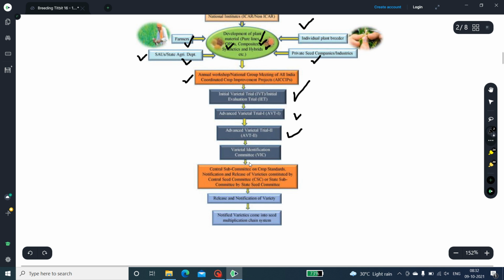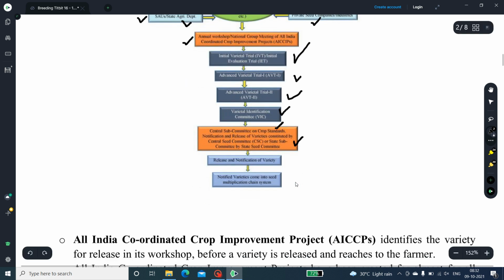After the identification of the best performing varieties, they will be sent for the approval of the Varietal Identification Committee, and that will recommend the variety to the Central Subcommittee on Crop Standards, Notification and Release of Varieties constituted by the Central Seed Committee, as well as the State Subcommittee by the State Seed Committee.